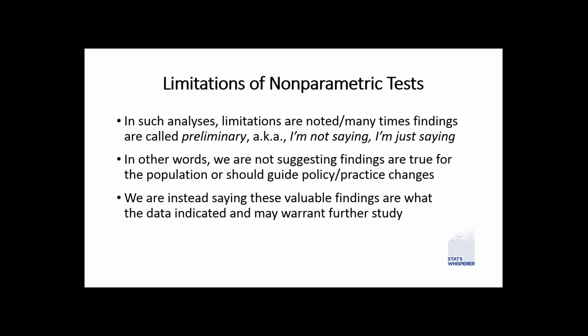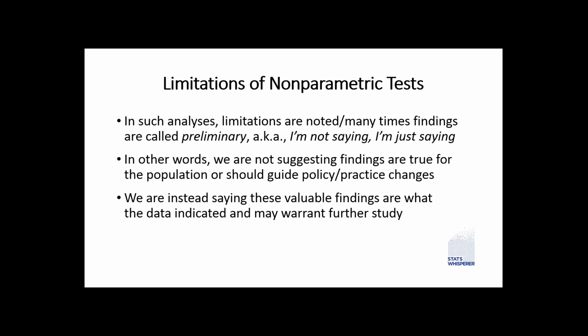So what does that mean? That means we're not saying that the findings within our study are true amongst the entire population, nor are we saying that, because of the findings among 25 residents, practice and policy decisions should be changed or guided by our findings.